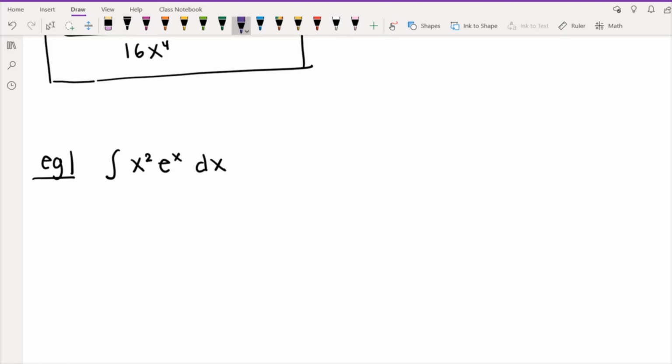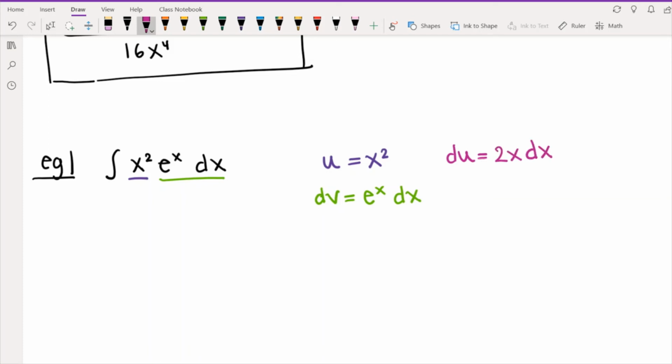So we want to let our u equal x squared, and we want to let dv equal e to the x dx. And so du is going to be equal to 2x dx, and then v is going to equal e to the x.